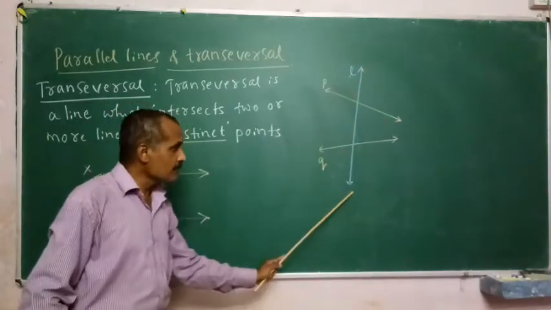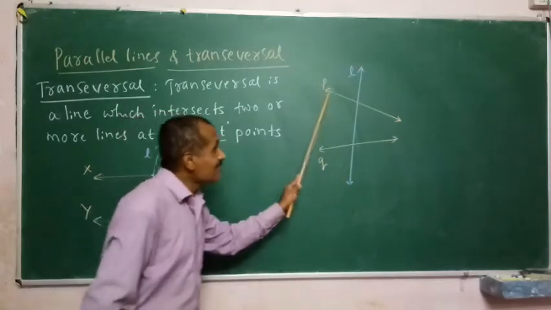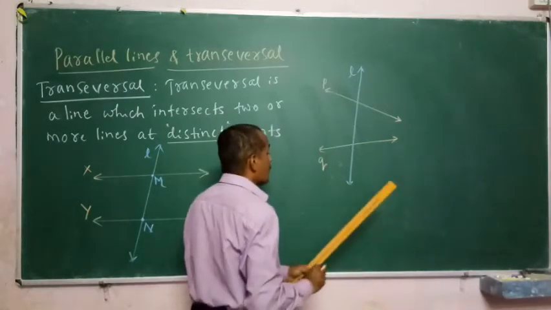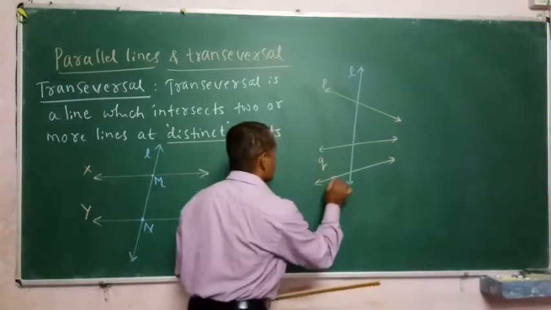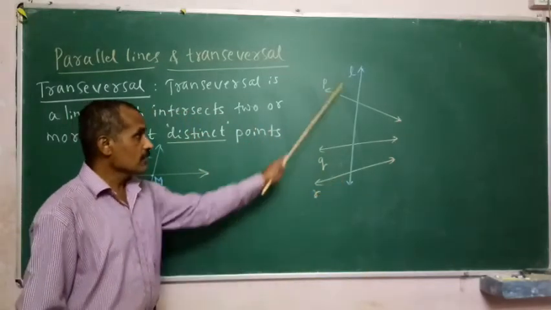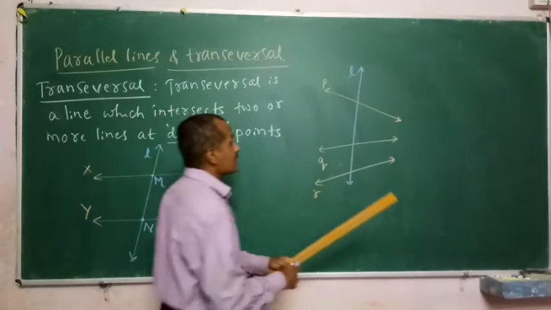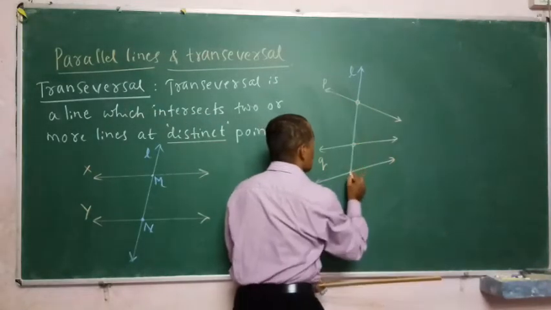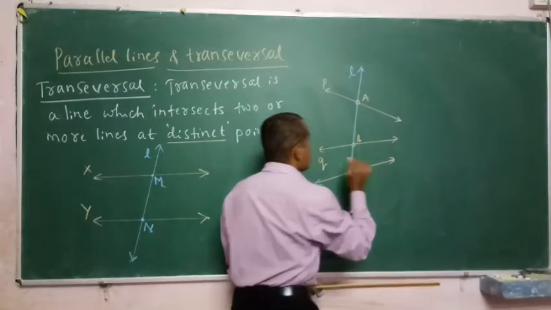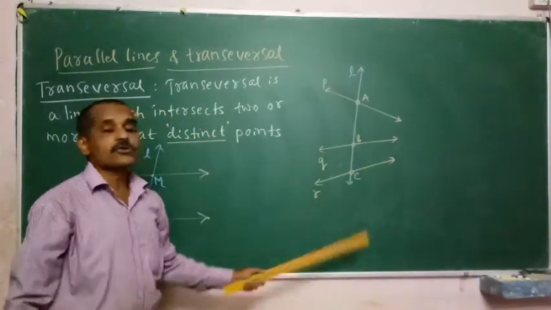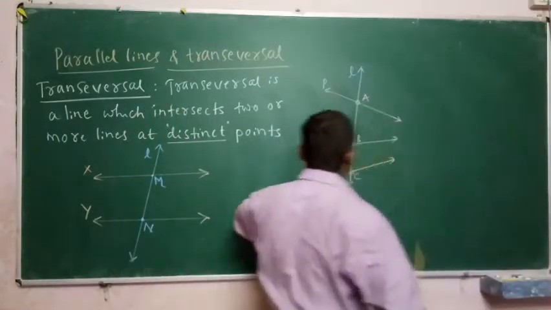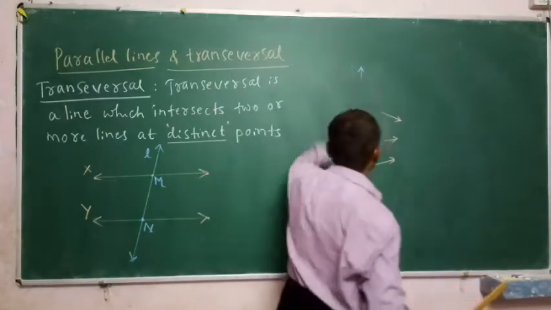I can draw one more line here, line R, intersecting at distinct, different points. I will call them point A, point B, point C. So line L is called a transversal. We will proceed further. This is a very important point to be noticed.